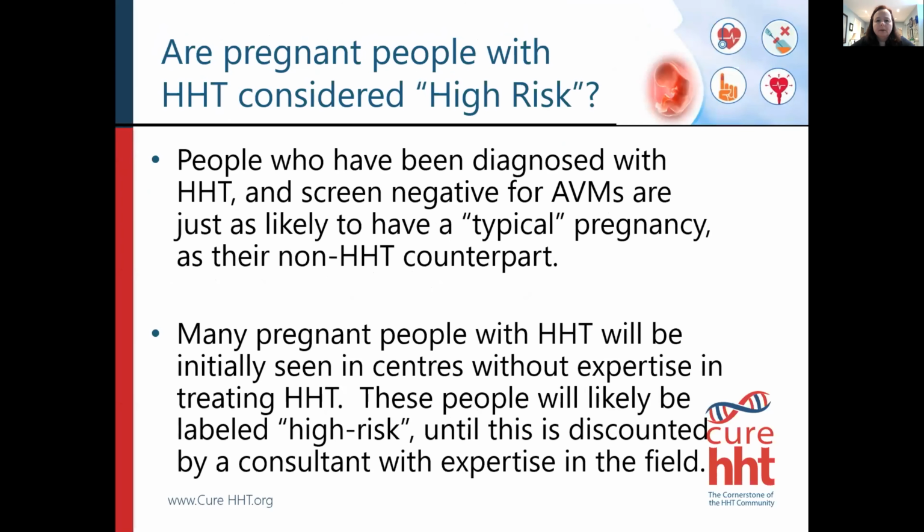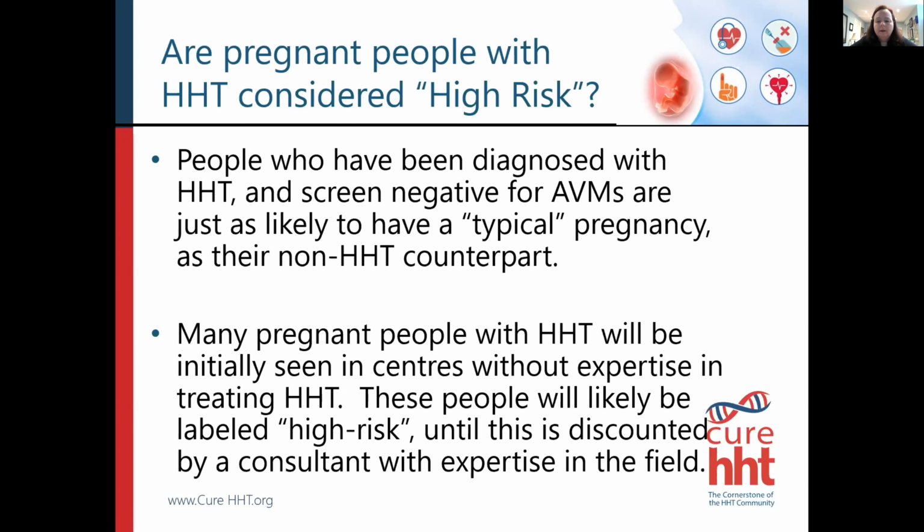People who have been diagnosed with HHT but screen negative for vascular malformations are just as likely to have what we would define as a typical pregnancy as their non-HHT counterpart. And I think this is an important point, because pregnancy causes people to have increased nosebleeds and anemia. We know that in the general population, pretty much every pregnant woman will have a nosebleed, and the majority of pregnant women will end up having quite a low ferritin, and a lot will have true iron deficiency anemia.